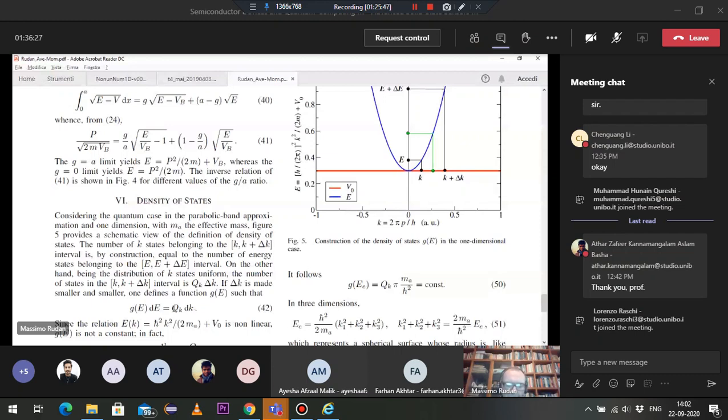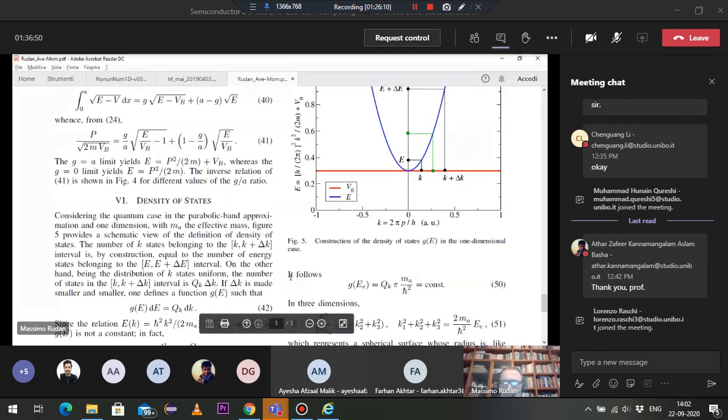So Q of K is the density of the K vectors or the values of K along the horizontal axis. And this density is a constant. Okay? The total number of values of K is the density times the extent of the interval, dK.